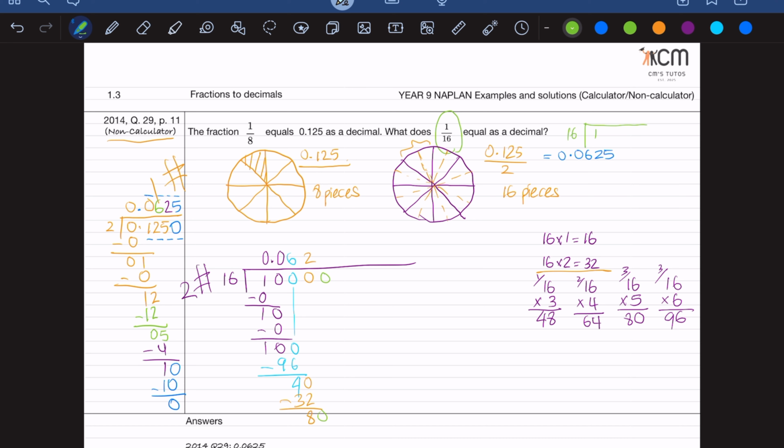How many times 16 will give us a number closest to 80? Well, 16 times 5. Oop, exactly the same, 16 times 5 will give us 80. So the remainder is 0. The answer is 0.0625, which is the exact same answer as our previous method.